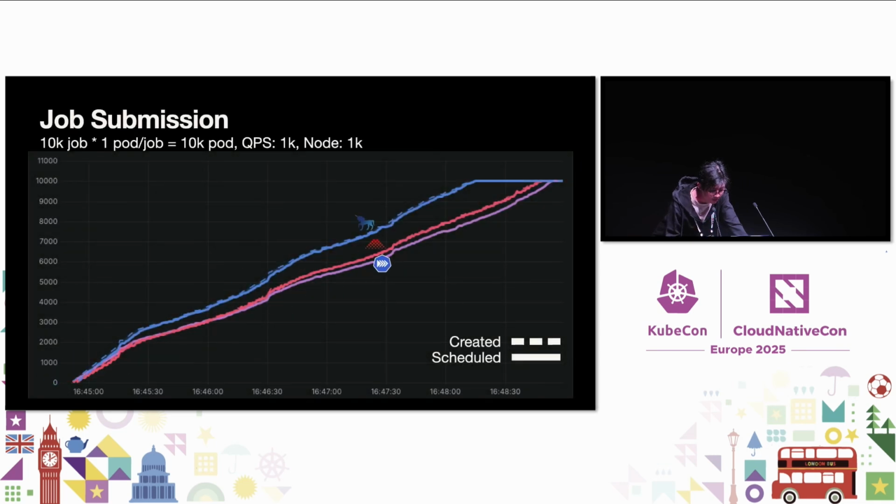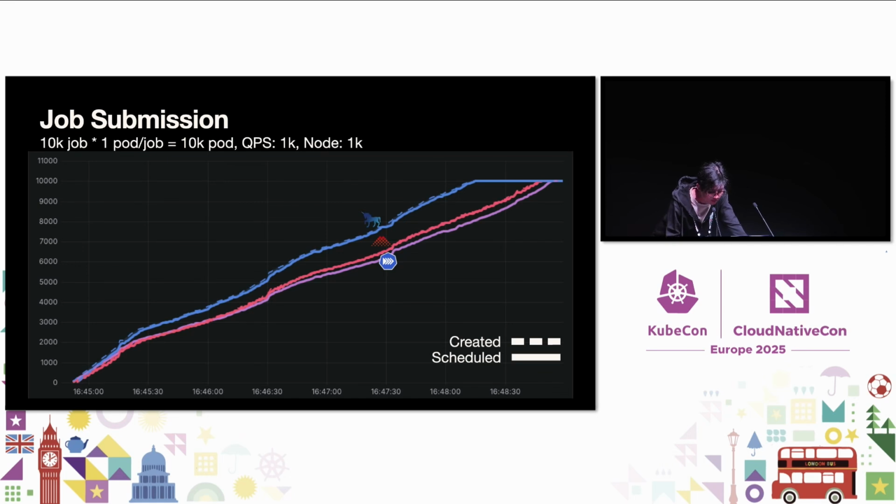The first case is submitting many jobs with one pod each. There are two lines here. The dotted line shows the pod creation time. The solid line shows the pod scheduling time. You can see YuniKorn is ahead of the other two, but that's because the pod creation time is ahead.